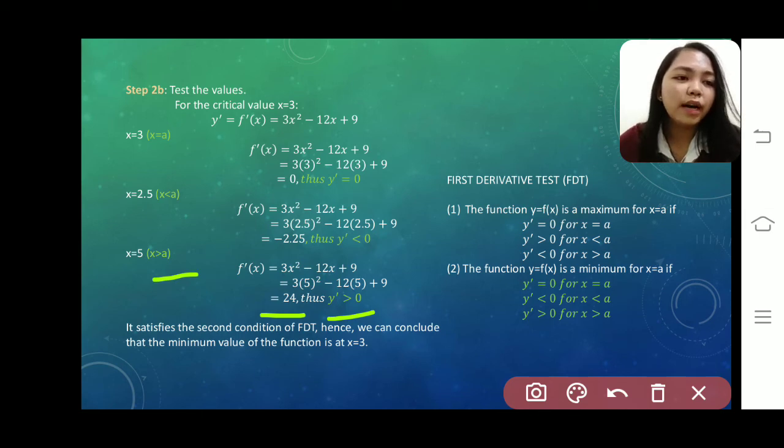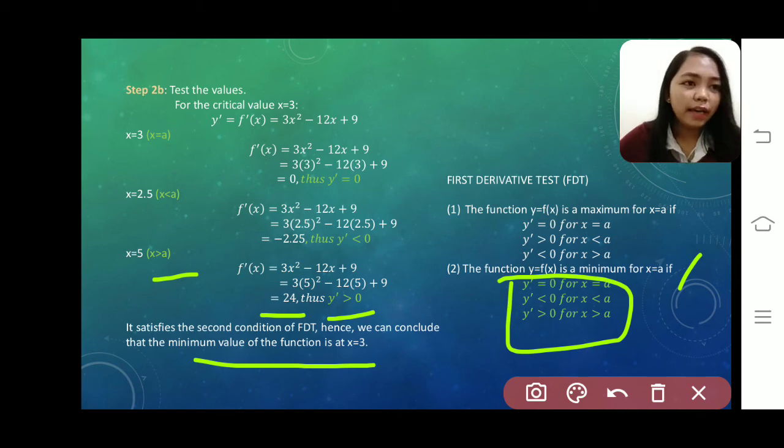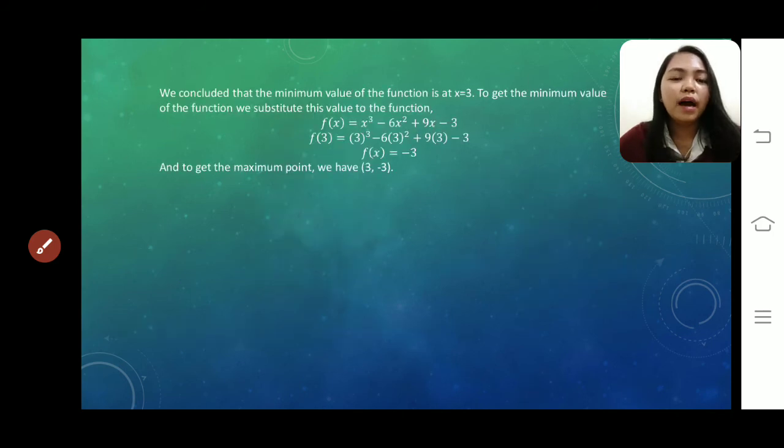So, therefore, it satisfies the condition for the minimum value. Hence, we can conclude that the minimum value of the function is located at x equals 3.